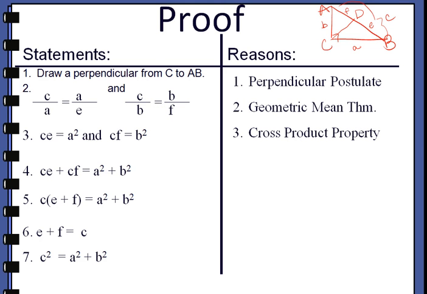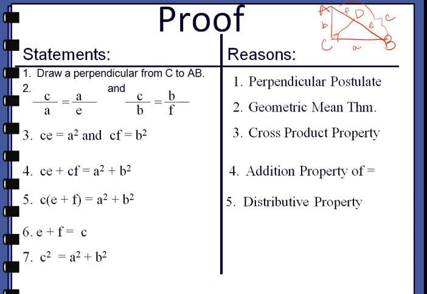Now, once we do that, we can then also, just using the addition property of equality, since these two things are equal, we can add them to both sides of this equation and not mess up the validity of the equation. So using the addition property of equality, we're going to add cf to both sides, which we're calling b squared there. Now we can use kind of the reverse distributive property here and factor out a c.